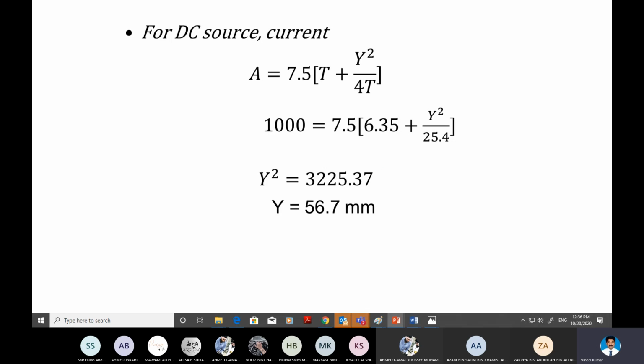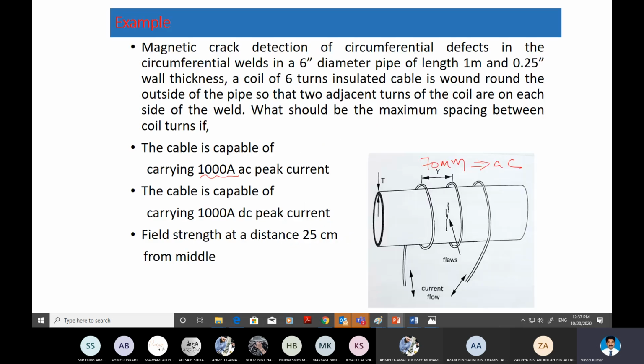No. The equation for DC is the current passed through the medium is equal to a constant times the wall thickness, the thickness of the tube, times y, the spacing. It is not 40, it is 4 times t. t is the thickness, and in the question the thickness is given as 0.25 inches.